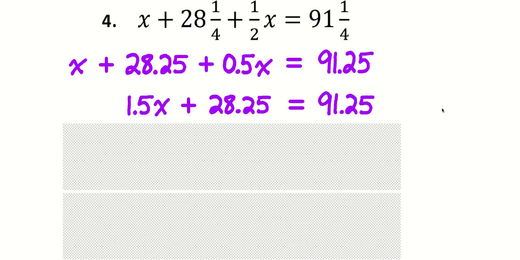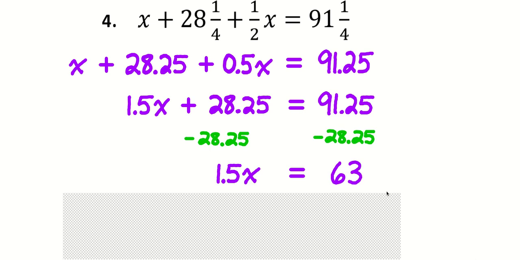What's next? I guess just move on to the business of getting this x all by itself. First we have to undo this adding of 28.25, so we do that to both sides to get rid of that. Now that leaves us with 1.5x on the left. And on the right, maybe using your calculator, I wouldn't be surprised if I busted out my calculator, to see that this is 63.